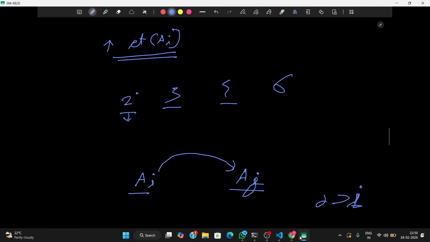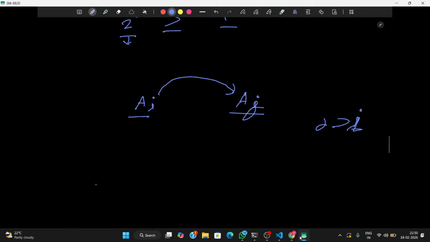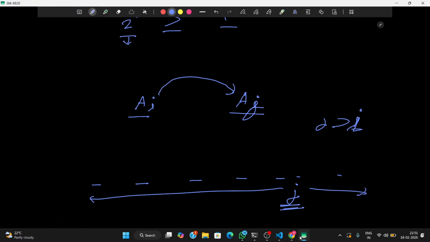Now, in this particular case, for this particular j, you can convert this element to any element which comes before it only, right? To convert the jth element to any other element, you can convert it to any element which comes before it. So this is the restriction. You cannot convert it to any element which comes after it.